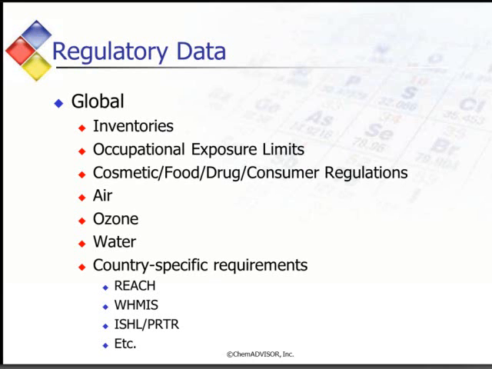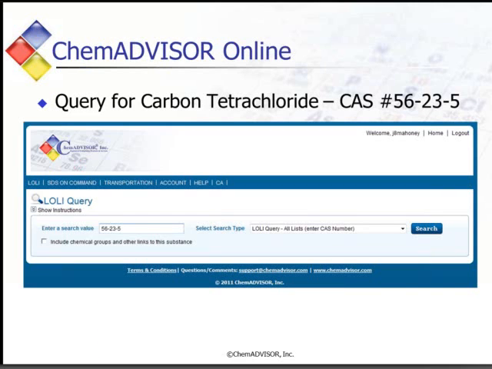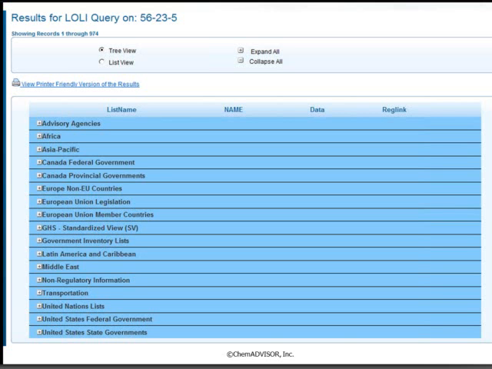So let's take a look at a query for carbon tetrachloride. The CAS number for carbon tetrachloride is 56-23-5, and right now you're looking at the interface for LOLI Online. So I have entered my CAS number, and after clicking search, I'll see a tree view of all of the major categories that contain information.